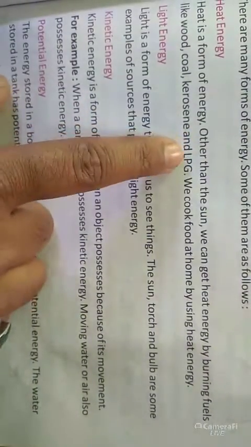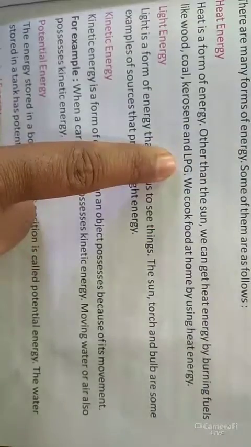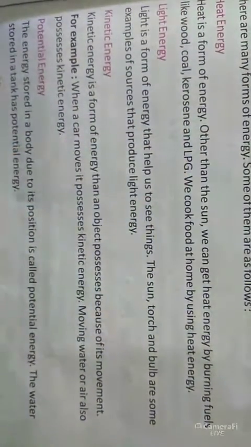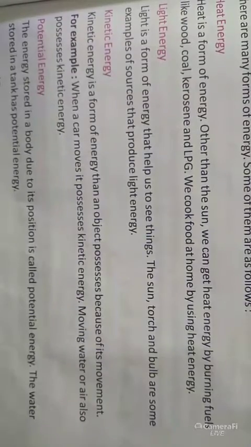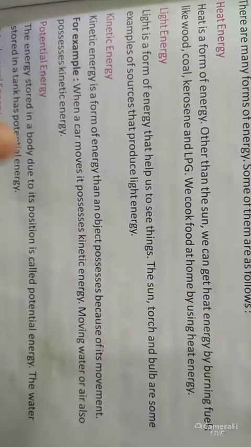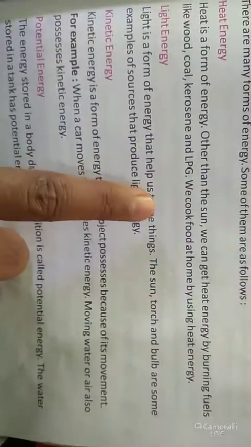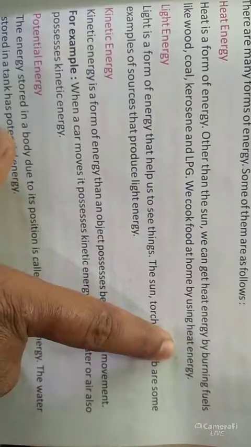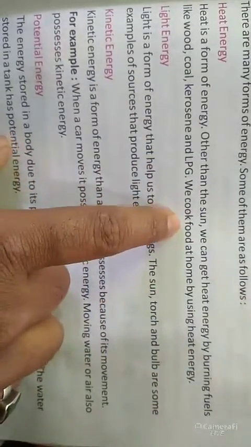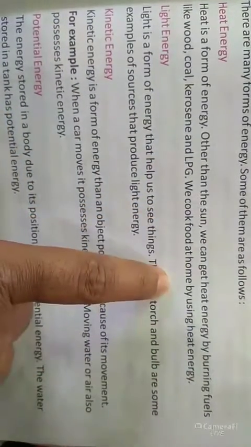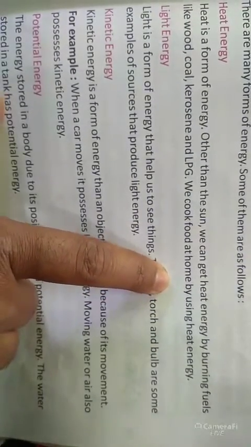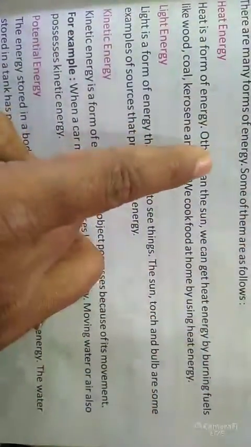The full form of LPG is liquid petroleum gas. It gives us heat energy, so we cook food at home by using heat energy. With a heater, electric energy changes into heat.